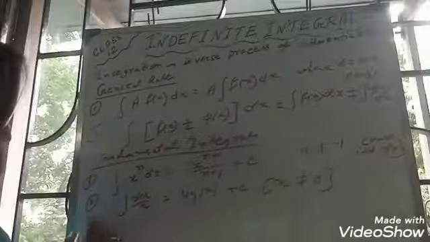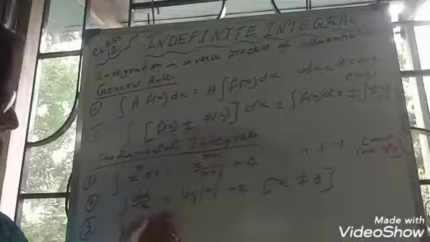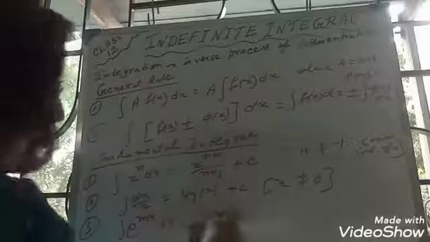Next, number 3, integral e to the power mx dx is equal to e to the power mx by m plus c. In differentiation, d/dx of e to the power mx is m e to the power mx, which is multiplied for differentiation, and for integration it is just the opposite, so it will be e to the power mx by m.